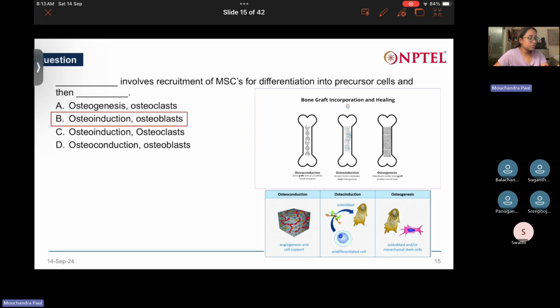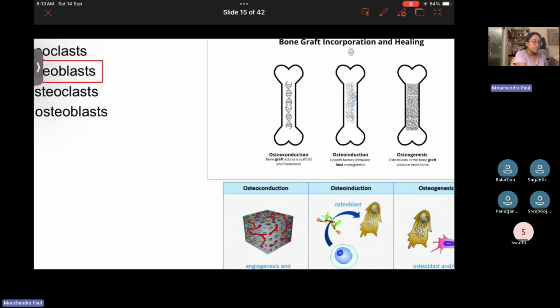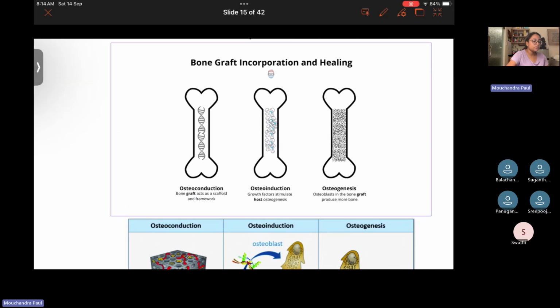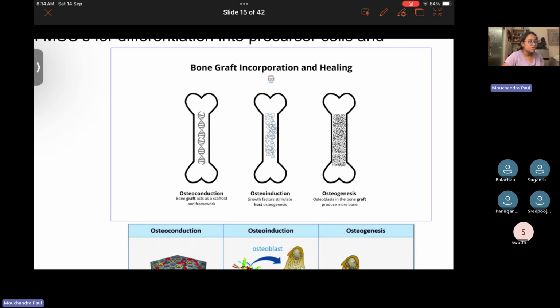So in order to understand why osteoinduction is correct: osteoblast, I think, is self-explanatory. I've already told you that MSCs can differentiate into osteoblasts. That's proven through experiments. But what do these terms osteoinduction, osteoconduction, osteogenesis mean in the context of bone tissue engineering? To explain that, I've used these diagrams on this slide.